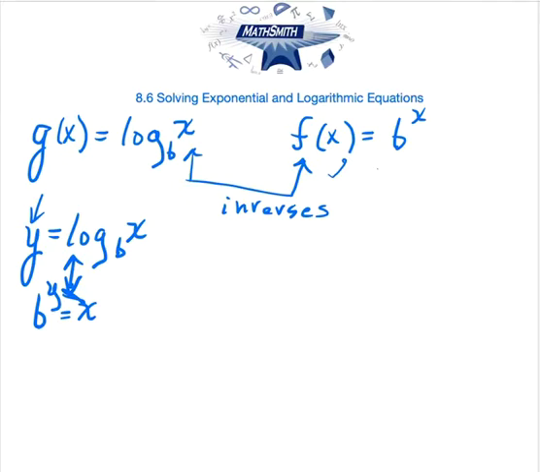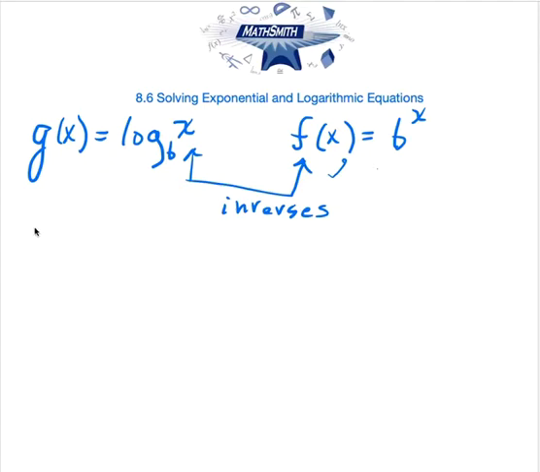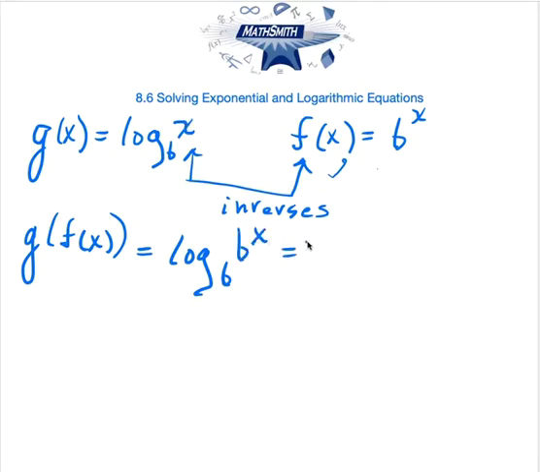And remember when we were talking about function compositions, they undo each other. If we did something along the lines of g of f of x, my outside function is the log, and then I put the exponential function f of x into x here, and that becomes b to the x. They undo each other, and I release x out of there, and of course vice versa.